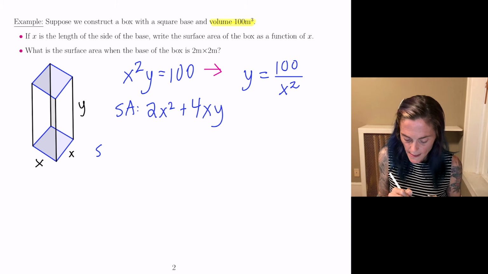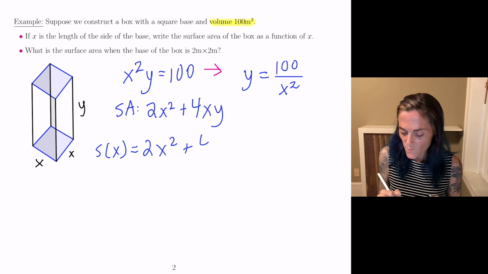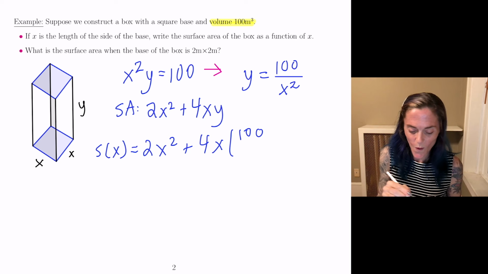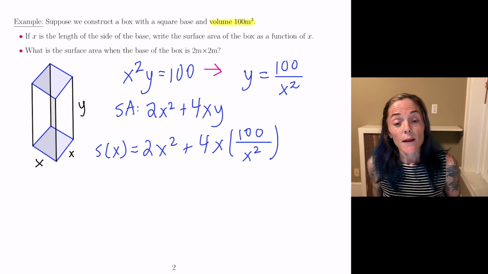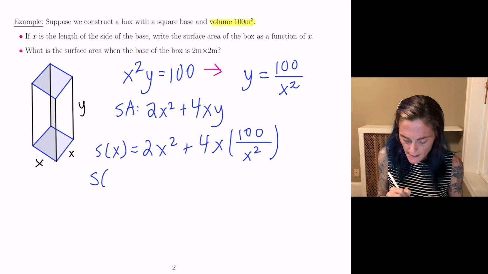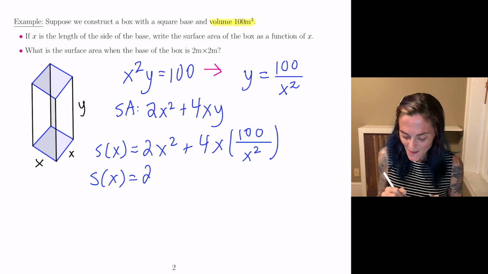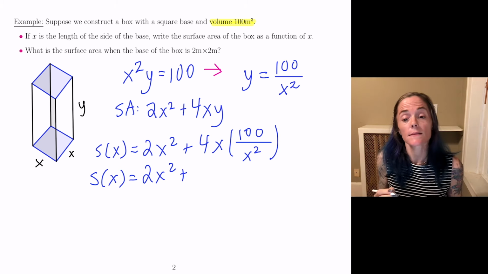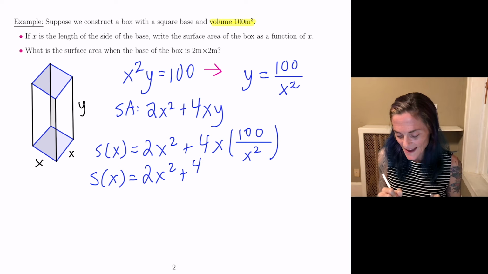Maybe I will call it S for surface area. S of x. We have 2x squared plus 4x times this y. I don't see in the directions to simplify, but I certainly can take one step here. We have 2x squared plus, this will be 400 divided by x.